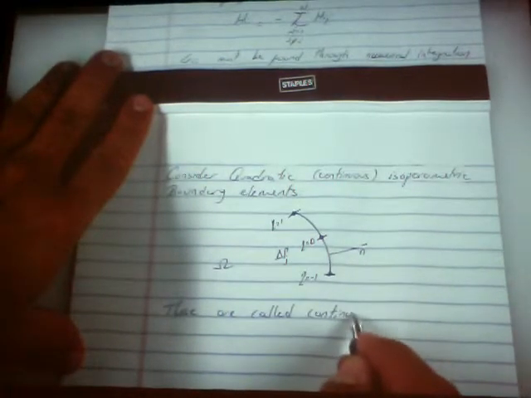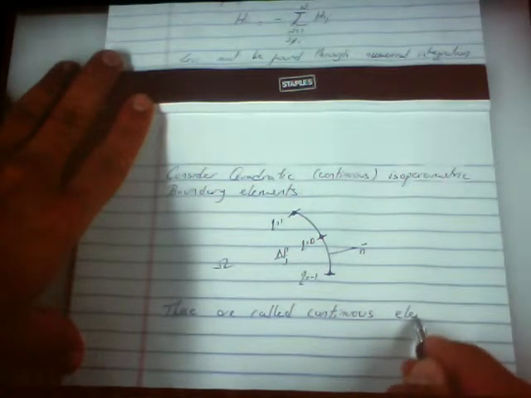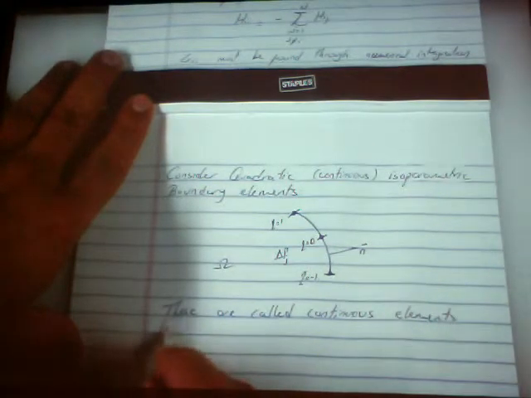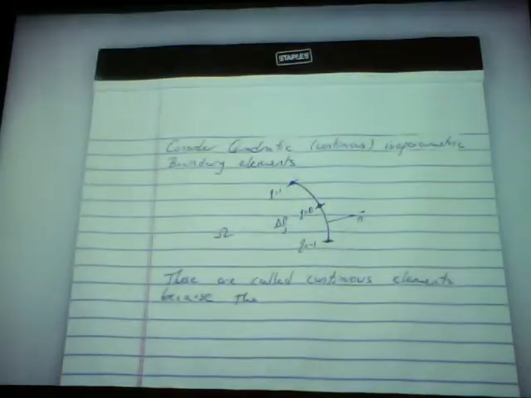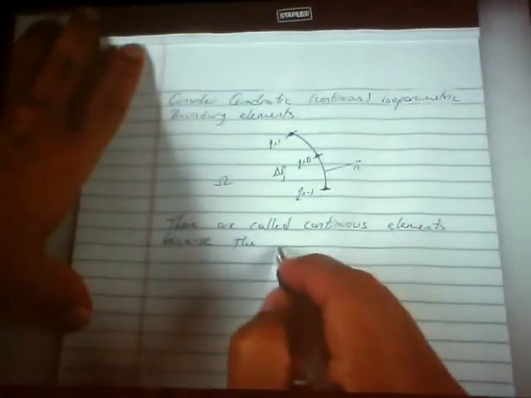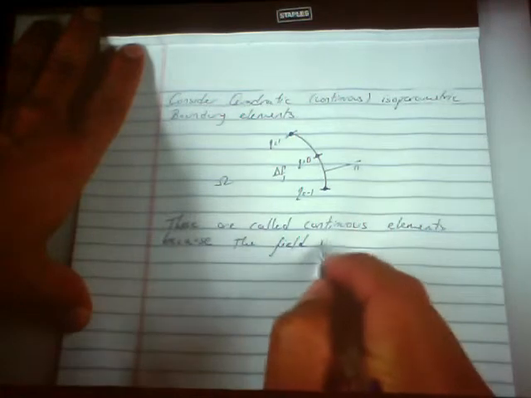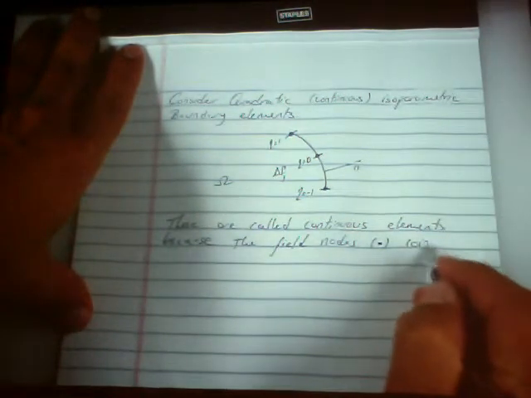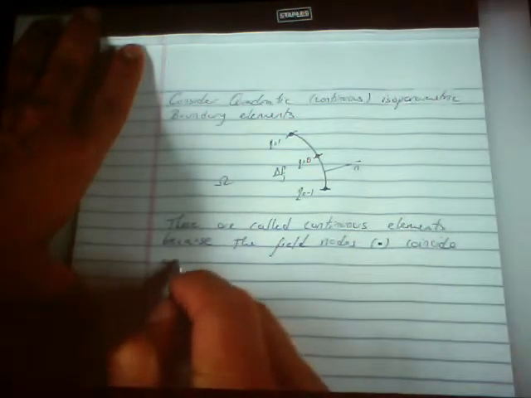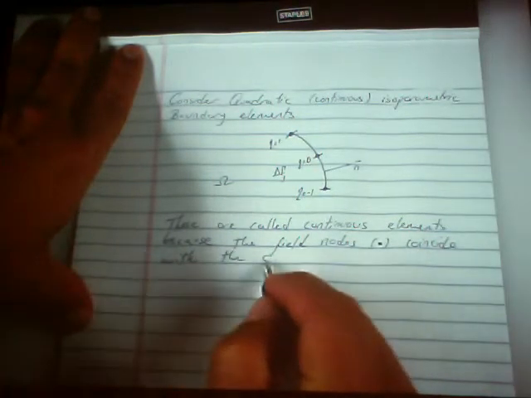These are called continuous elements because the field nodes coincide with the geometric nodes.